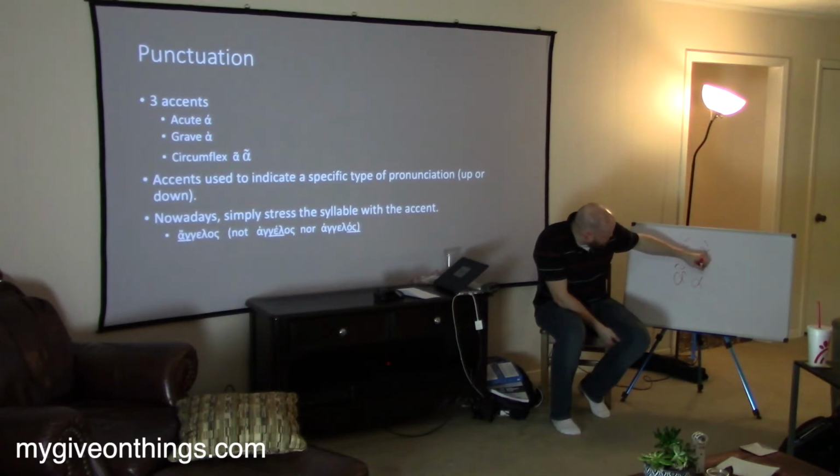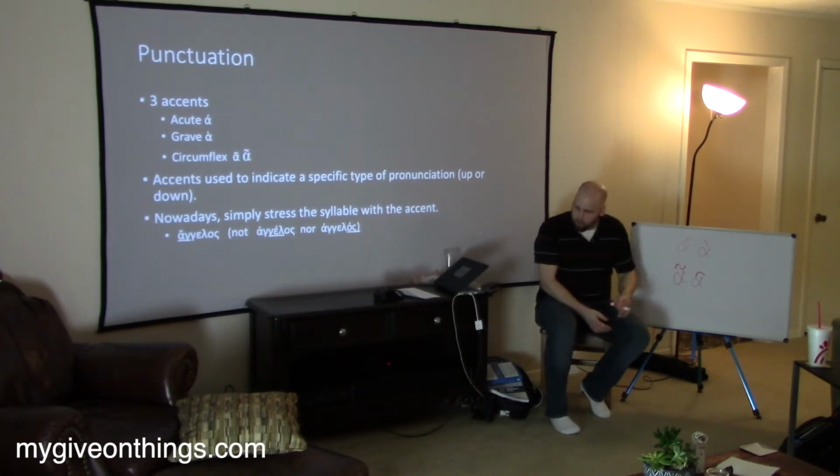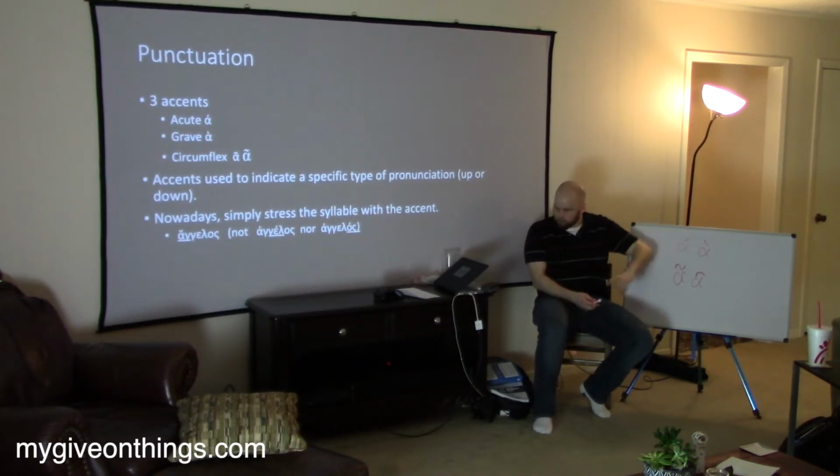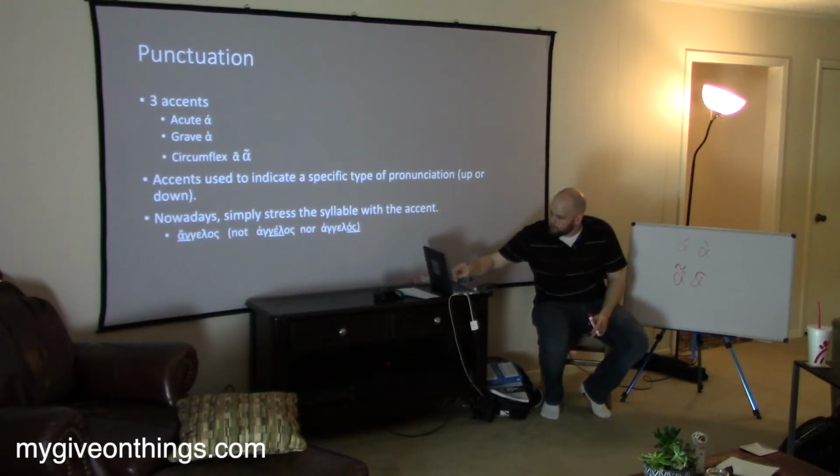There's 2 different ways to write a circumflex. The meaning doesn't change at all. Pure preference of the scribe and how he's going to write it. So, acute, grave, and circumflex. I'm going to change the font there so find one that's.